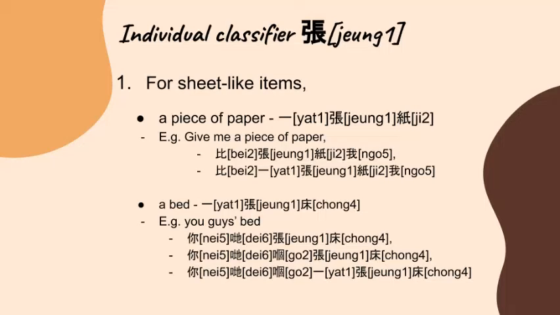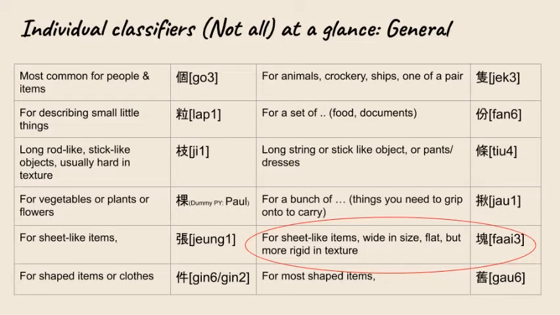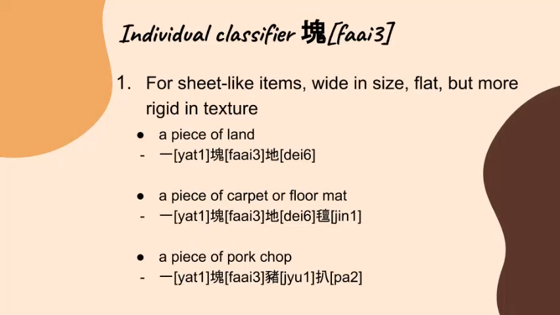You guys' bed, 你哋張床, or 你哋嗰張床, or 你哋嗰一張床. If you're referring to things that are also sheet-like, wide in size, flat, but more rigid in texture, like a piece of land or a piece of carpet or a piece of pork chop, you can use the classifier 塊.